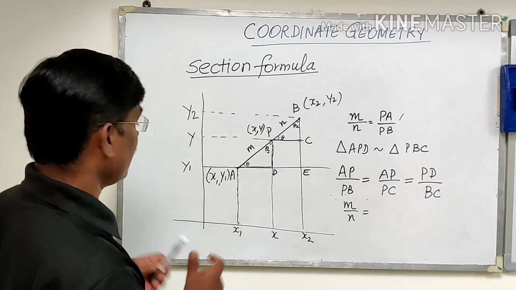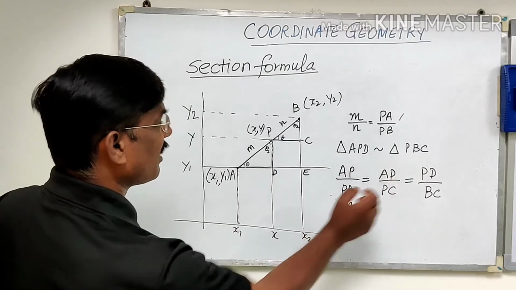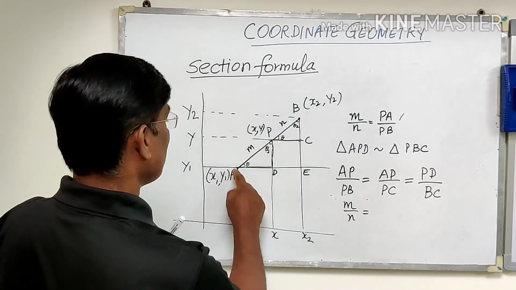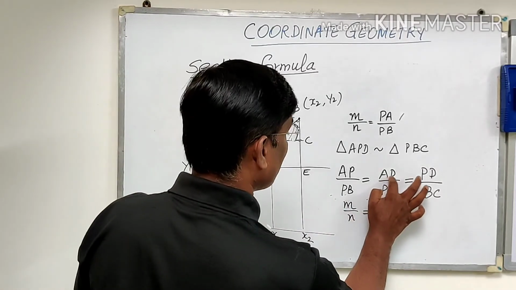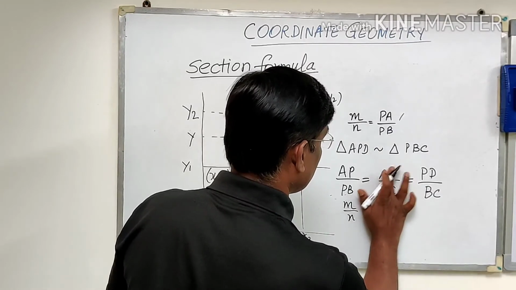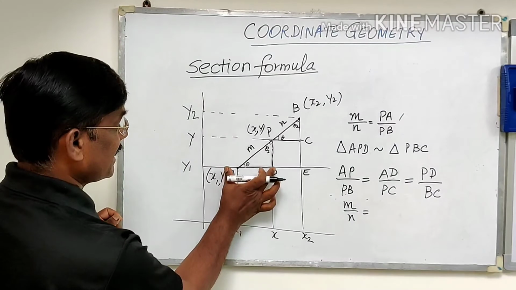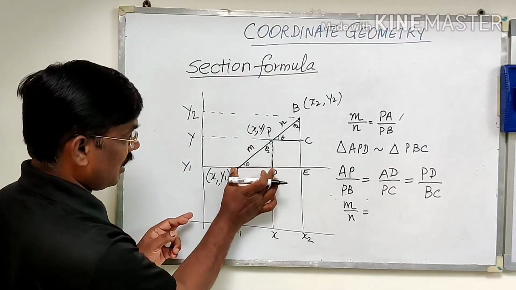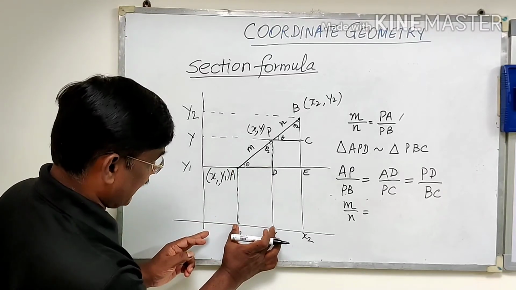Now what is AP by BP? AD. This is not P. Okay, this is D. What is AD? AD is this length. How can we find this length? This AD is nothing but this length.